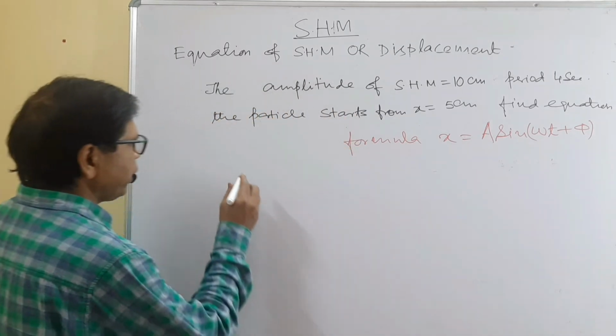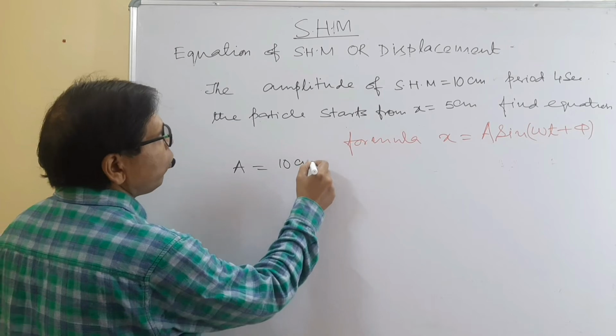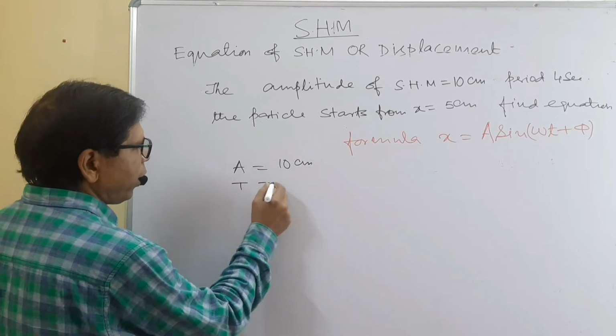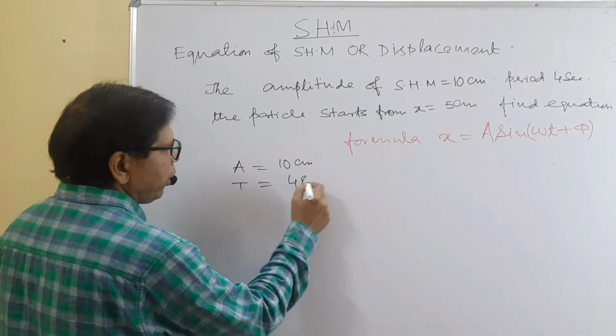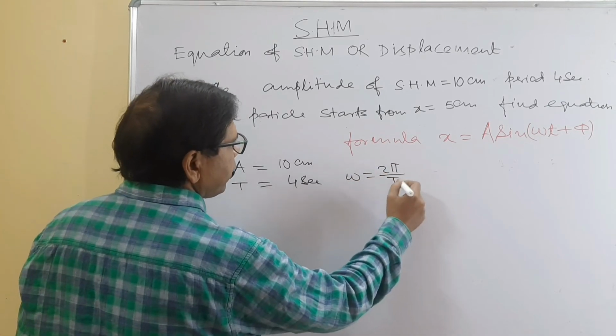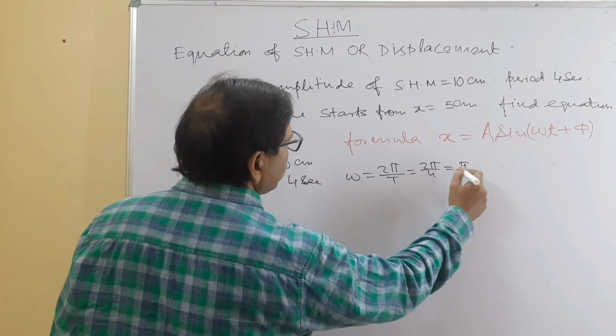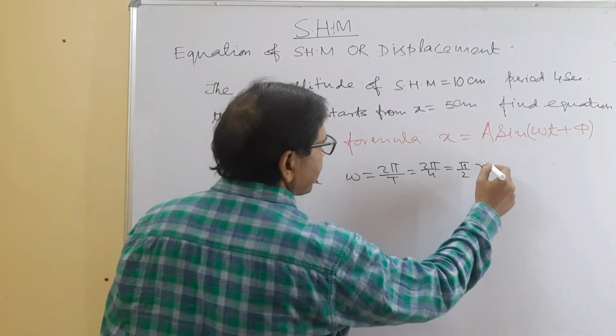Now here the given quantity is A equals 10 centimeter. Okay. Now T equals 4 seconds. Therefore ω equals 2π by T, that is 2π by 4. So this is π by 2 radian per second.